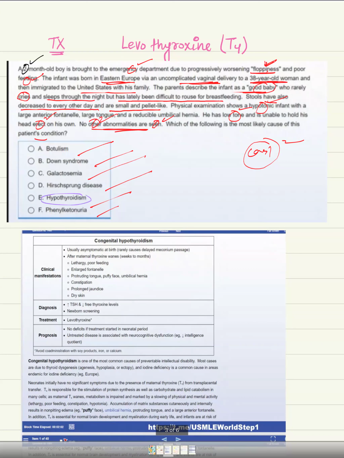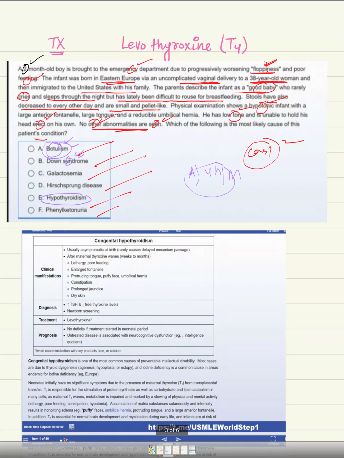Now, this is a very important point: whenever you are solving UWorld, even if you get the question right, please don't leave the other options without reading or understanding them. Why is this baby not having botulism? Just remember, especially the large anterior fontanelle, umbilical hernia, and macroglossia are not going to occur in botulism. These are the classical features of hypothyroidism.